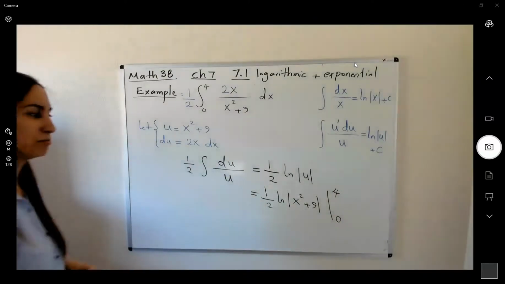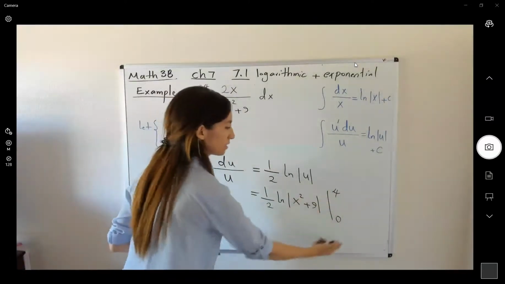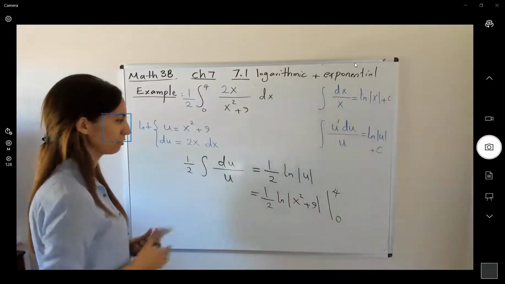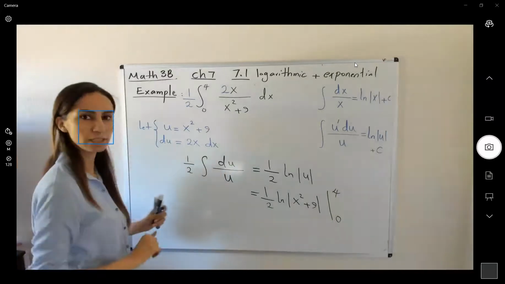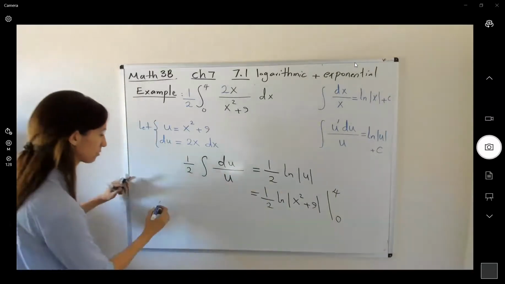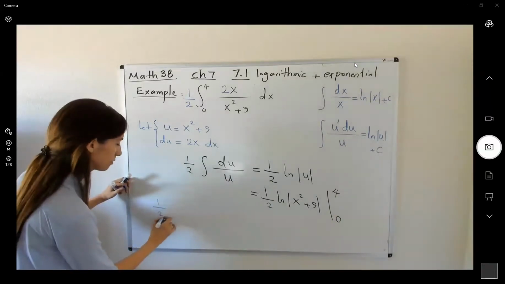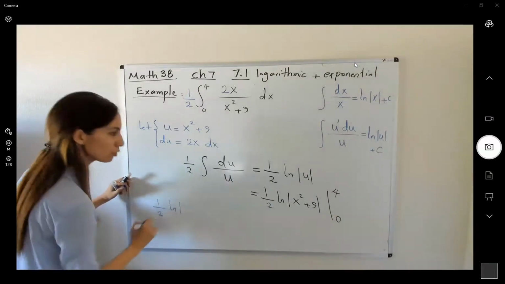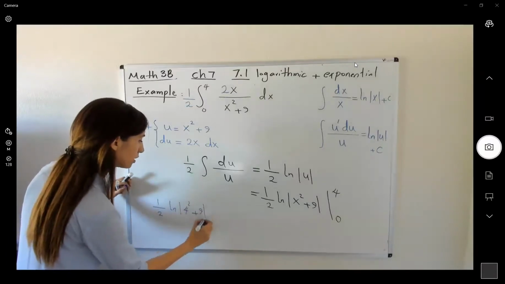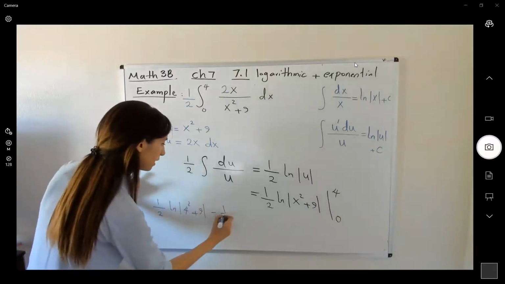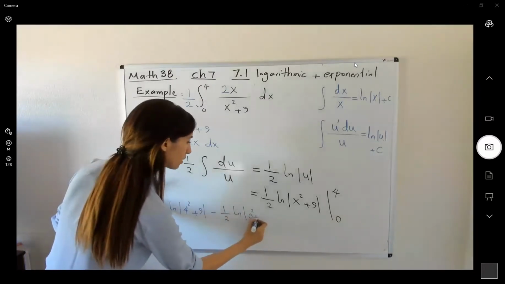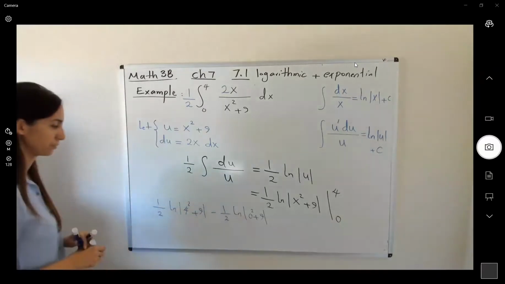In the next step, we plug in 4, then we plug in 0. We try to simplify this ln function. So we're done with calculus part. The rest is just algebra. A half ln of absolute value of 4 squared plus 9 minus a half ln of absolute value of 0 squared plus 9.